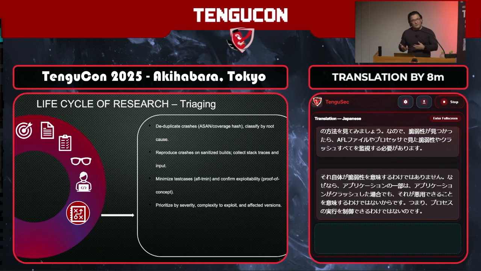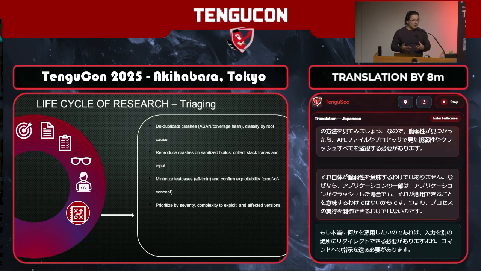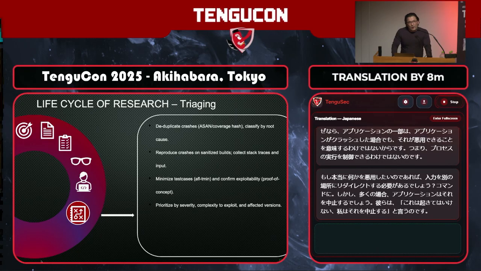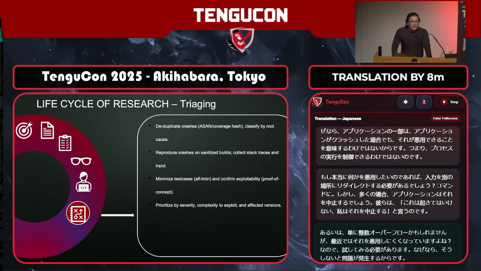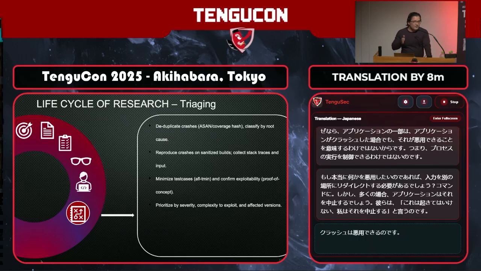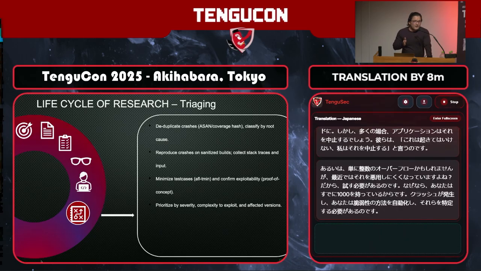But a lot of the time, applications are going to abort, saying, hey, this shouldn't happen, I'm going to abort it. Or it could be just an integer overflow, which is not so easily exploitable nowadays, right? You're going to have thousands and thousands of crashes, so you need to automate and identify whether a crash is exploitable. It's one of the key things, because you need to look at the processor to see if they're actually overwriting the right registers or not.